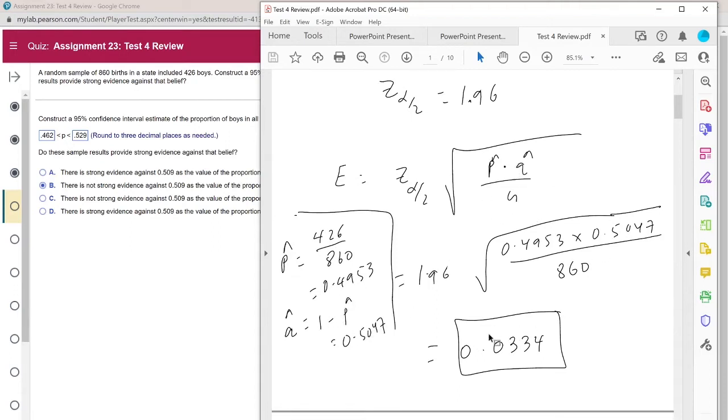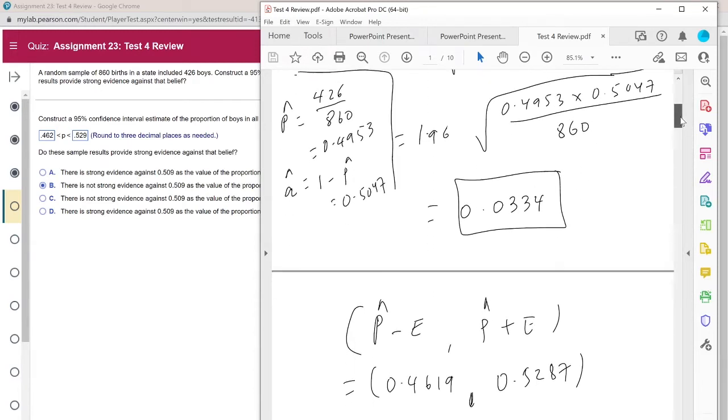By using this formula, the margin of error is 0.0334, and now for the confidence interval, just plug in the values of p hat minus E and p hat plus E. That gives us this value, but in this problem they are asking us to round to 3 decimal places, so the answer is 0.462 to 0.529.